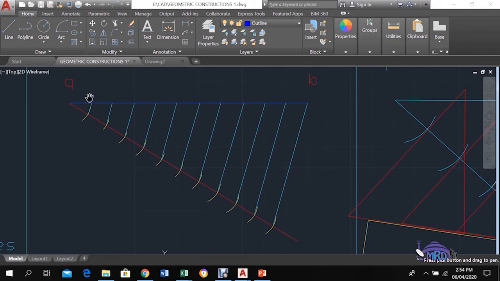So on to the next construction. You have line AB, which is the dark line. That's your outline. And you want to divide line AB into 11 equal parts. In this instance, 11 equal parts. That's an unusual number. If you divide most numbers by 11, you're going to get a remainder.